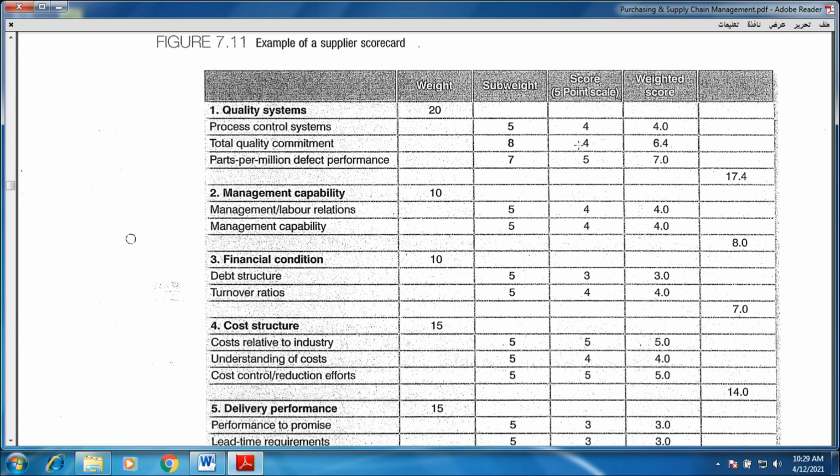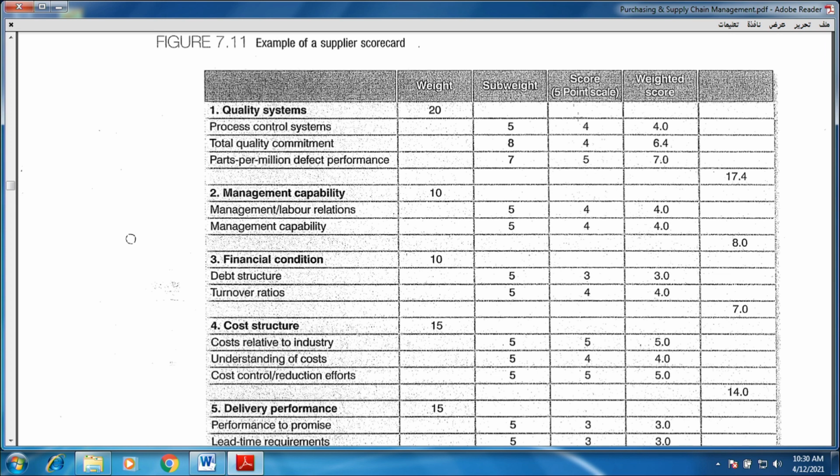Again, question number 2, regarding the quality systems, the score given is 4 out of 5, so 4 divided by 5, which is 0.8. Multiplied by 8, so it's 6.4. A third time, the score given is 5 out of 5.